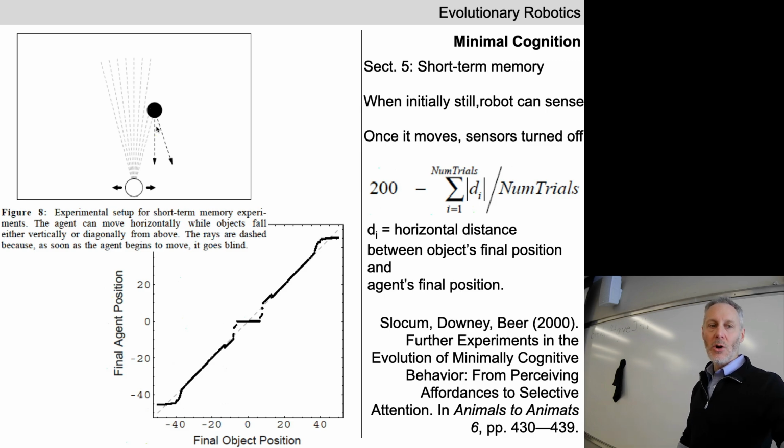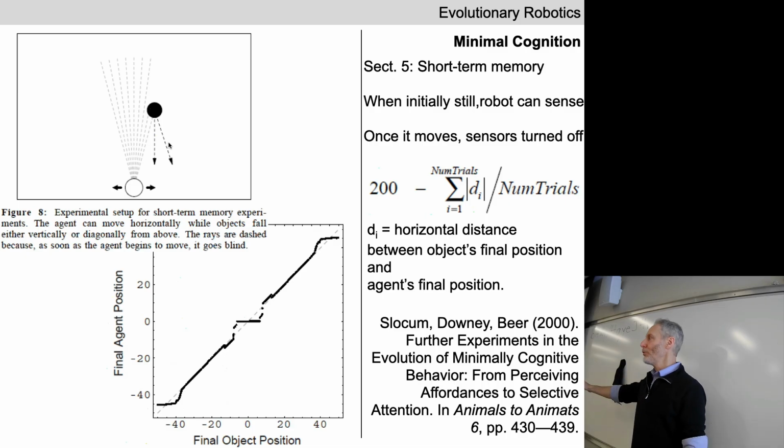The object is falling in this direction at this speed, and okay, I'm going to start moving to the right in a certain way that I'm going to get to the object in time to catch it.